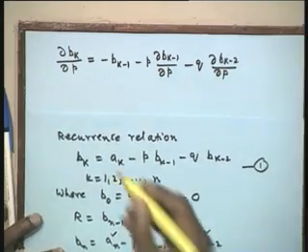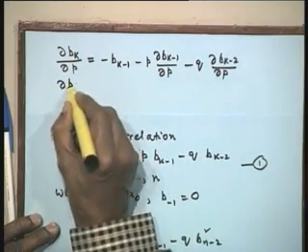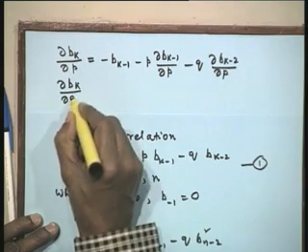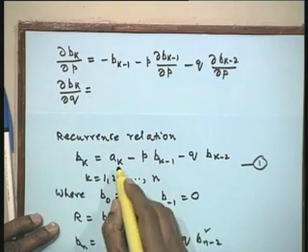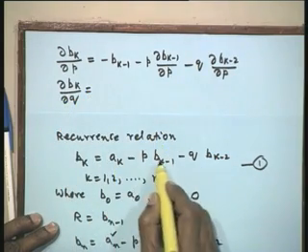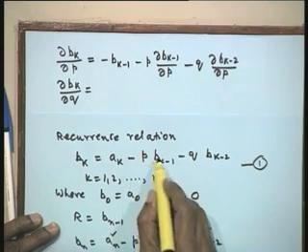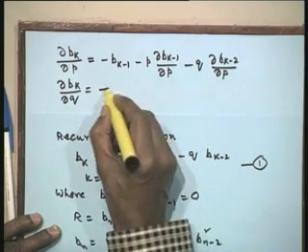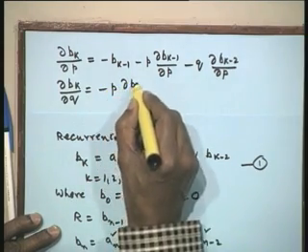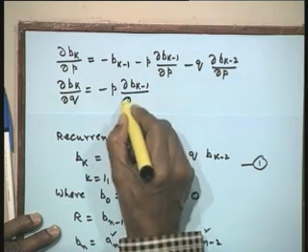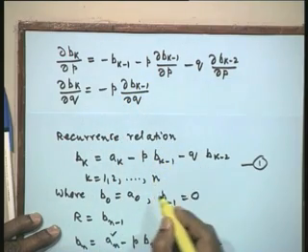Similarly, differentiate with respect to q. The partial derivative with respect to q will be, now the contribution of a k is 0, and p is independent of q. So, I will have only one term from here, that is minus p partial derivative of b k minus 1 with respect to q.